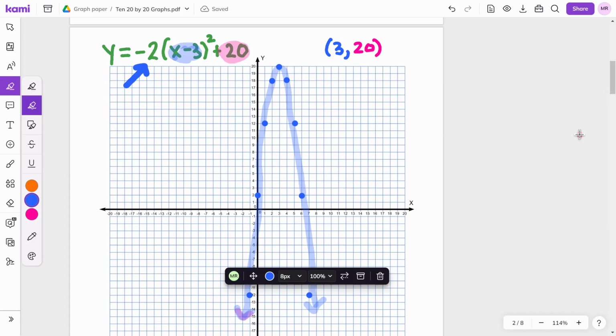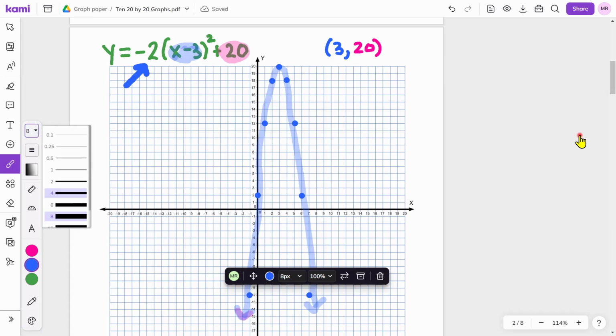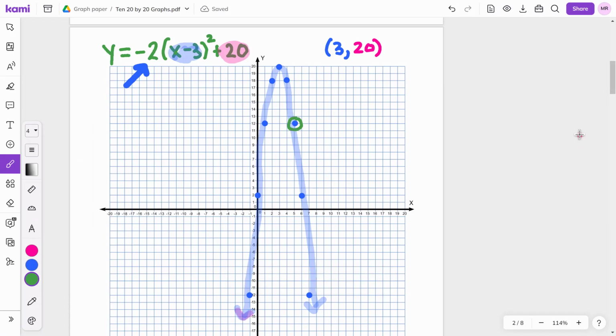Now, again, I could make a table. I could put values in. So let's say I was looking at this 5. At 5, I'm up at 12. So if I was to put 5 into that equation, hopefully I get out 12. So y is equal to -2 times (5 minus 3) squared, plus 20.